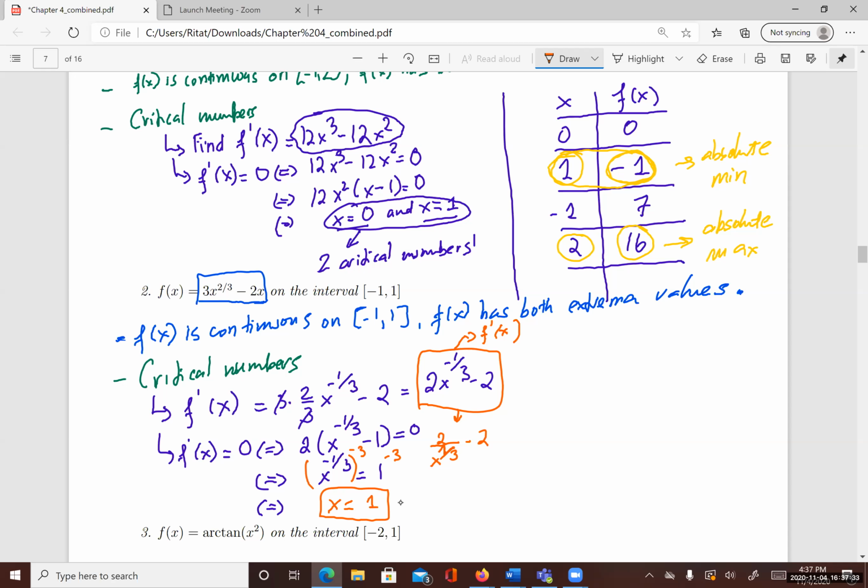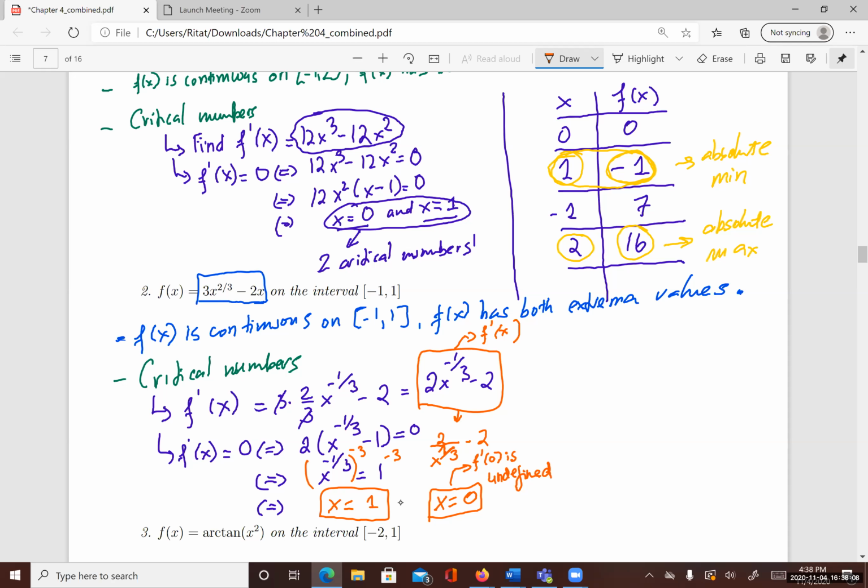And if you have x in the denominator, then you have a point where f prime of x is undefined. So f prime of x is undefined when x equals 0. So pay attention to where the derivative function is undefined as well when you're finding critical numbers.